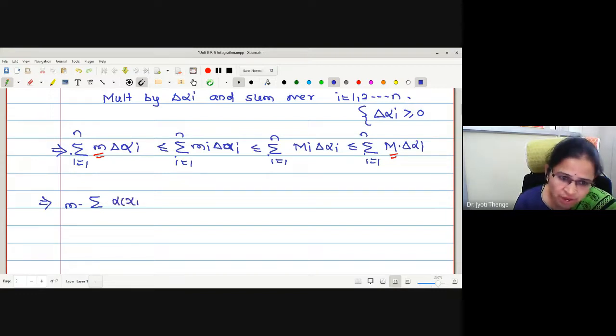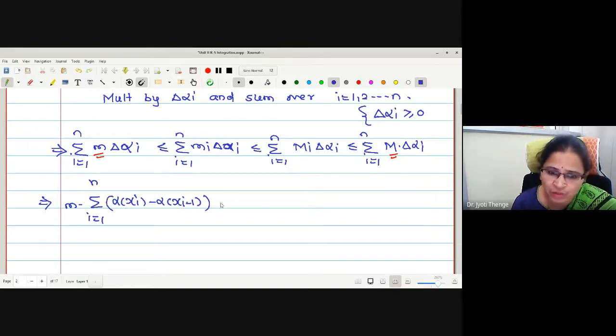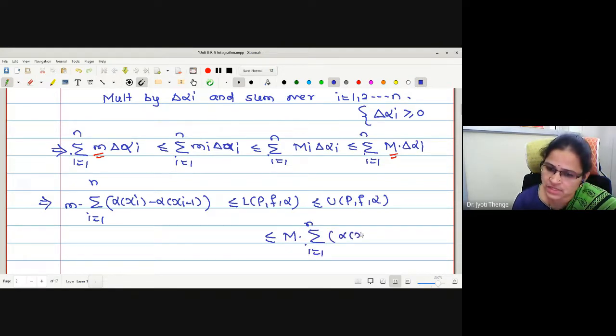Is it alpha xi minus alpha xi minus 1? Now, the summation i running from 1 to n. The middle two values, shall I write directly? This is L(P,f,alpha) and this is U(P,f,alpha), which is again less than or equal to capital M into summation i equals 1 to n of alpha xi minus alpha xi minus 1.